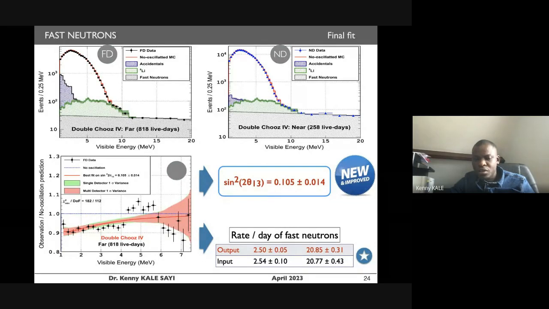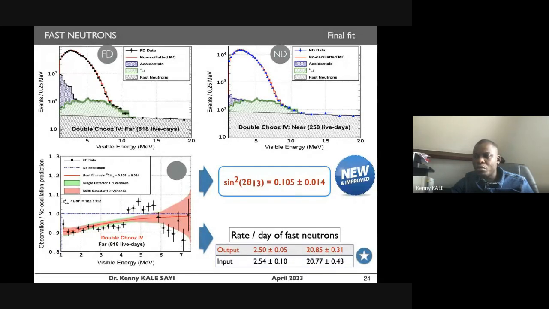This means that from the near detector to the far detector, neutrinos have changed. Since we are sensitive only to one flavor, we measure at the far detector only a fraction of the total neutrinos we had at the beginning. So this is again the proof of oscillation.